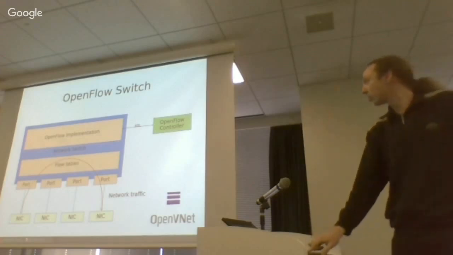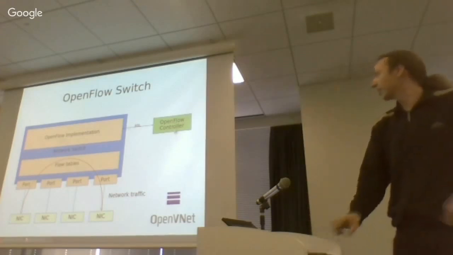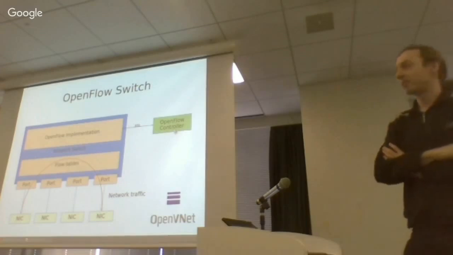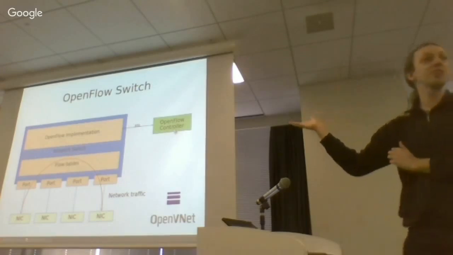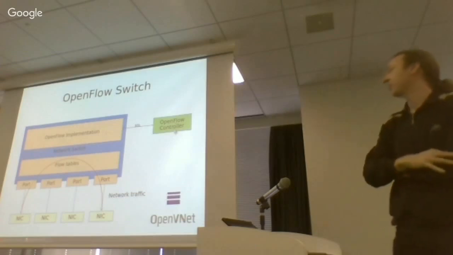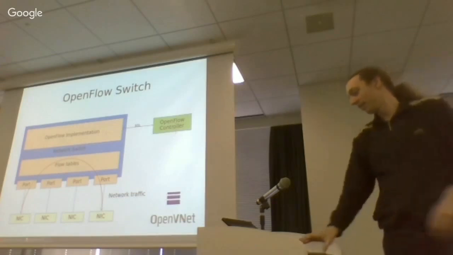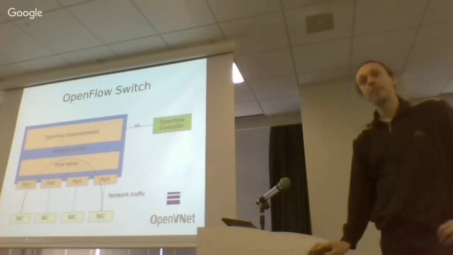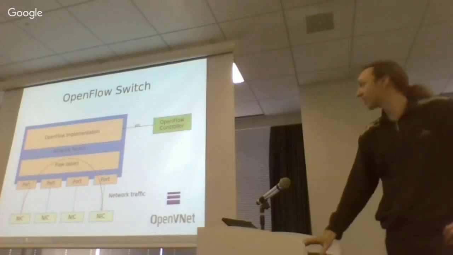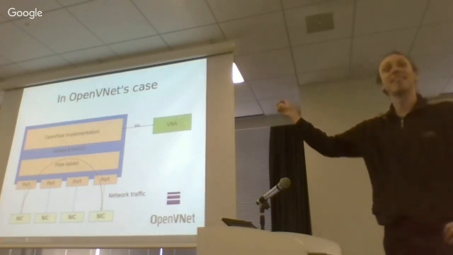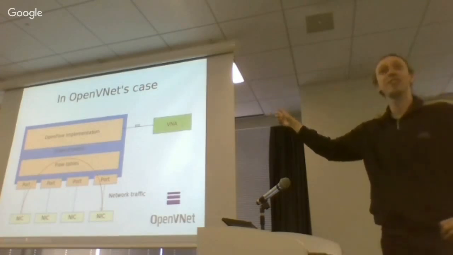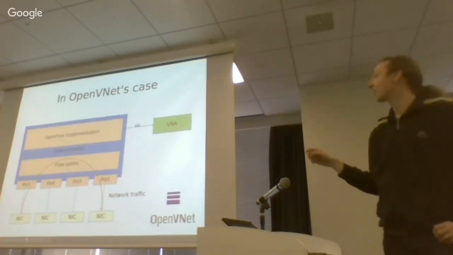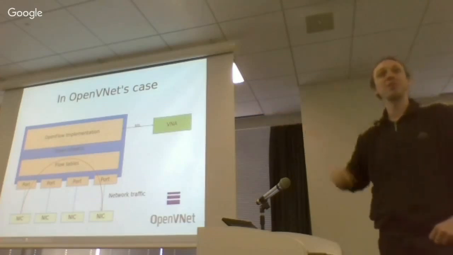And the controller over here, that's a piece of software that uses OpenFlow to talk to network switches and tell them to change their flow tables. Is that different from the agent in the previous slide? It is actually exactly the same. Okay. In OpenVNet's case, the OpenFlow controller is VNet agent. And the switch we use is Open vSwitch.